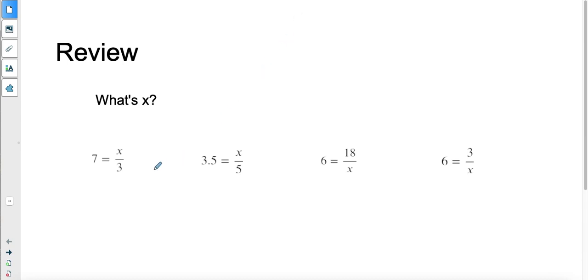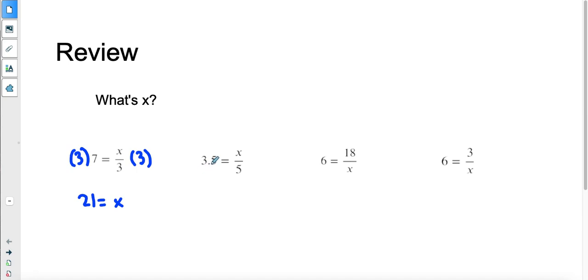So, what I can do here is multiply by 3 to get x. 3 times 7 here is 21. So, x is going to be 21.